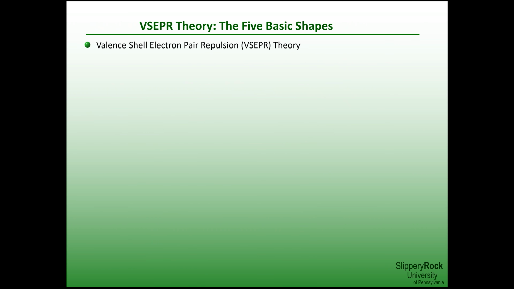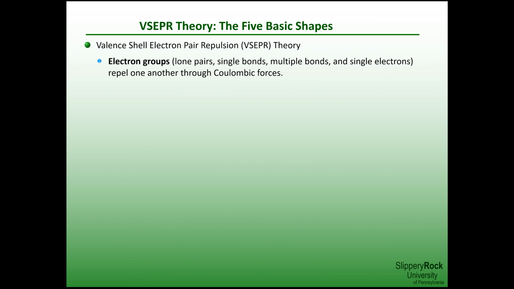Valence shell electron pair repulsion theory, or VSEPR theory, is a simple yet powerful model used to predict the three-dimensional shapes of molecules. The central idea of VSEPR theory is that electron groups, which include lone pairs, single bonds, multiple bonds, and even single electrons, repel one another due to electrostatic or Coulombic forces.